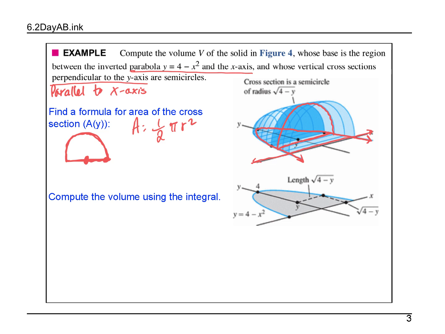What is lying flat between my parabola with respect to my semicircle? What would I call that? The diameter. Yeah, the diameter.